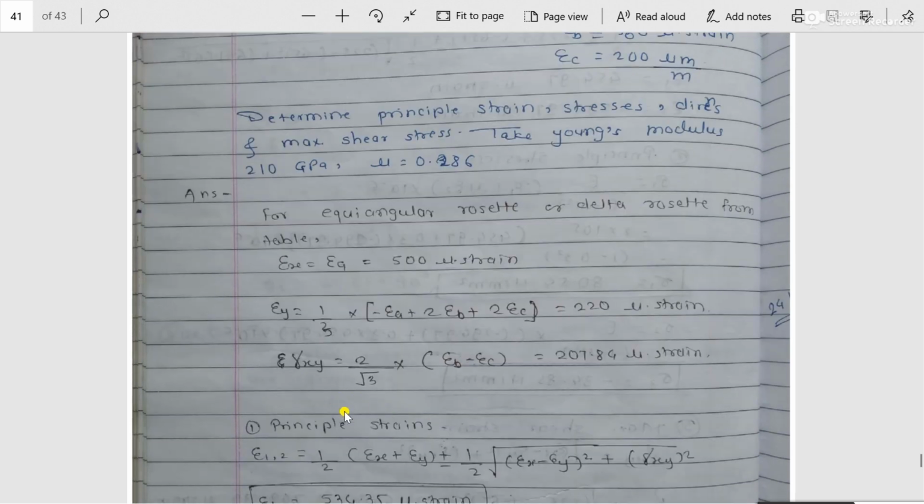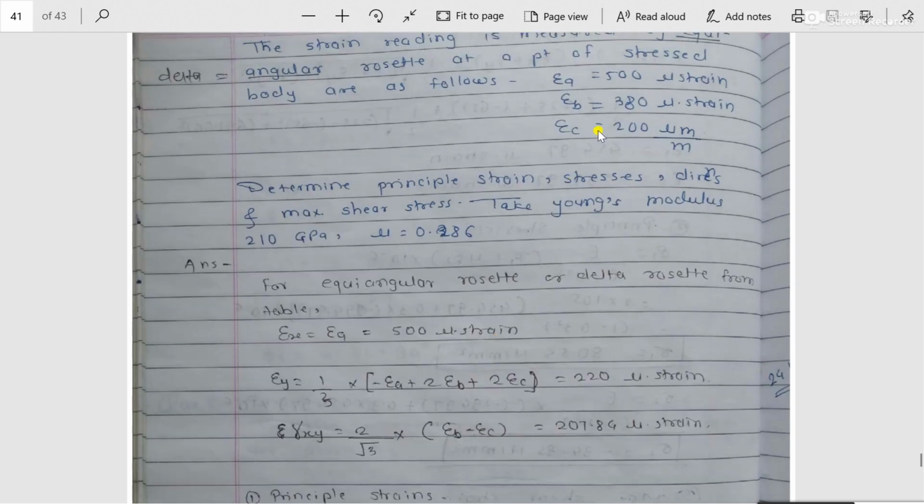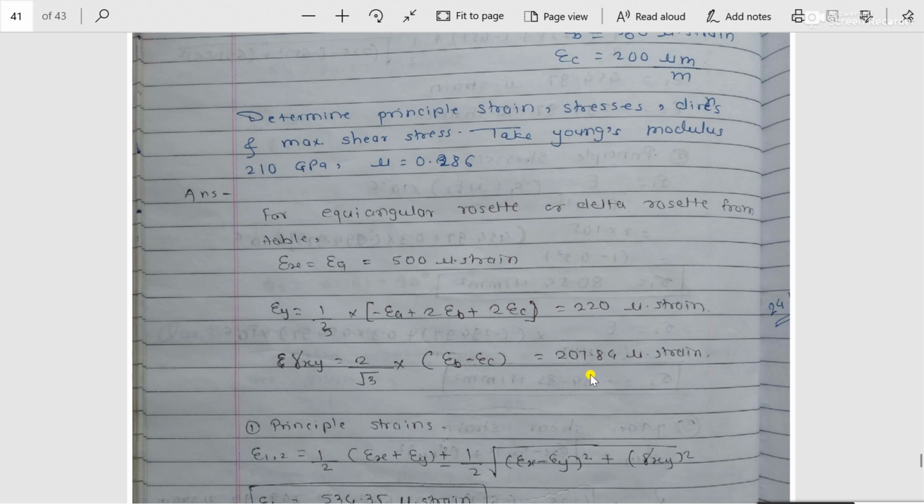And the third parameter, that is gamma xy, is equal to the formula I have taken from that table for the equiangular rosette, that is 2 upon root 3 in bracket epsilon b minus epsilon c. Again 2 upon root 3 is the constant, as it is we have to take epsilon b minus epsilon c. Once again I will take epsilon b as 380 microstrain and epsilon c as 200 microstrain, and by solving this equation I will get the value of gamma xy is equal to 207.84 microstrain.